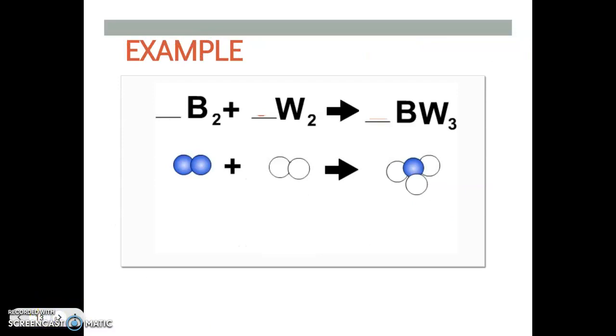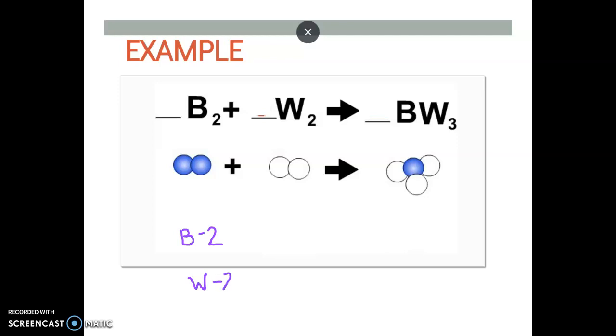Okay, so let's take a look at an example. Here we've got B2 plus W2, and W is tungsten, will yield BW3. Okay, so this is how we are going to do this. The first thing I'm going to do is write my inventory list. On my reactant side, I have 2 boron and 2 tungsten.